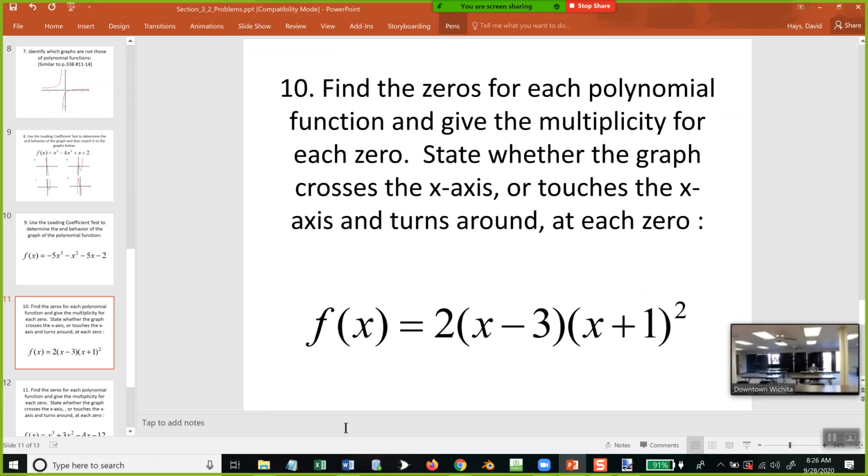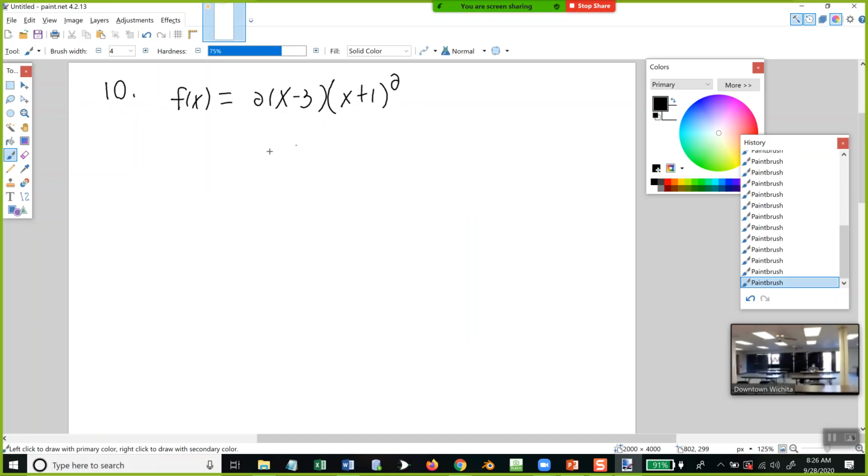Got this function, and first thing it says is find the zeros for each polynomial function. Our technique for finding zeros is always the same. You take your function, and you set it equal to 0 and solve. That's how you find zeros.